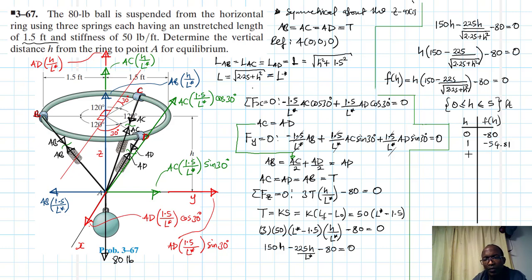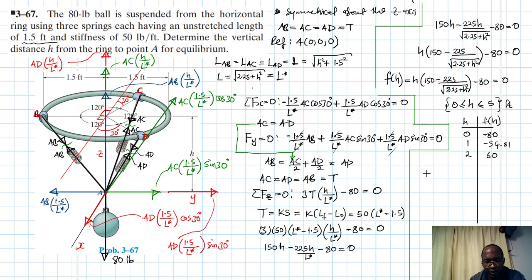Okay, so let's go to 2. So we'll have 2.25 plus 2 squared, the root of that, 225 divided by answer, and then of course 150 times 2 and minus 80.